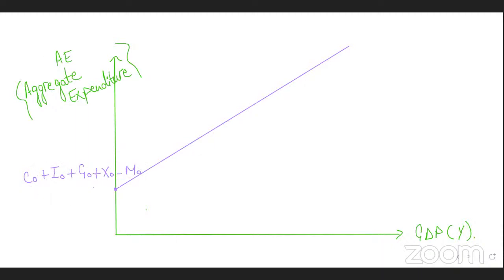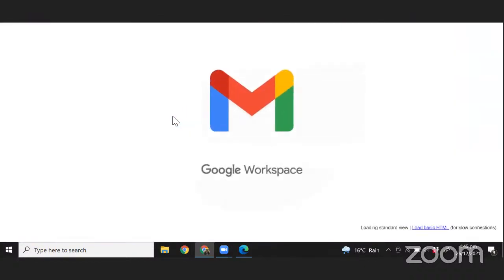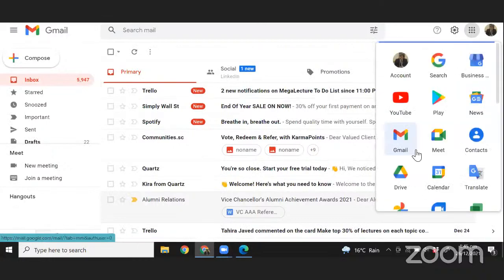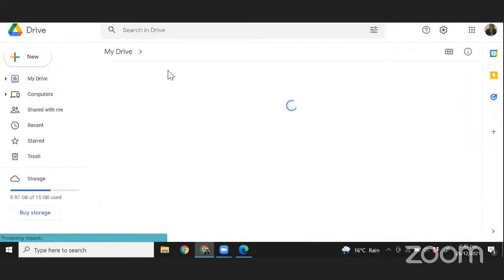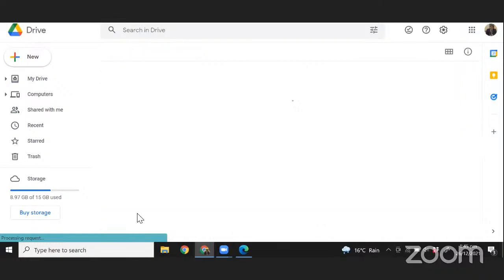In fact, let me open my notes. I'll show you the definition of autonomous. So autonomous consumption is any consumption component that doesn't depend on the income level, regardless of how much income or GDP a country has. So just a second, we have class notes.